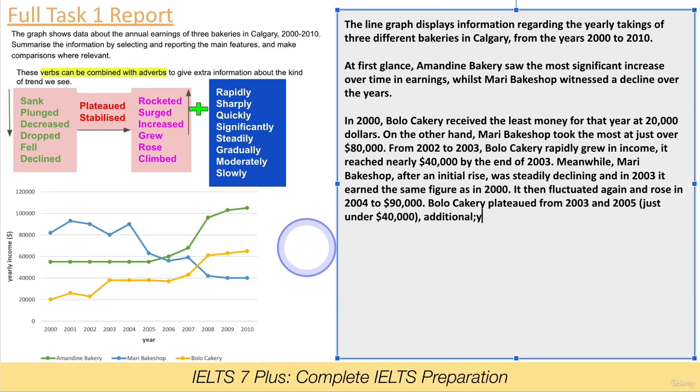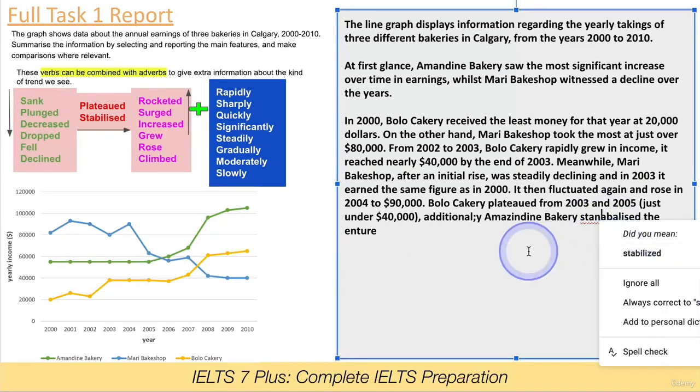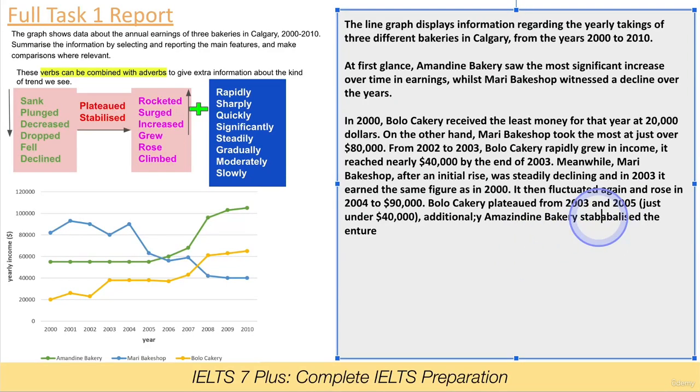Additionally, Amandine Bakery stabilized the entire 5-year period. Let's do another bracket, and it's about, I would say, the increments of 20,000.